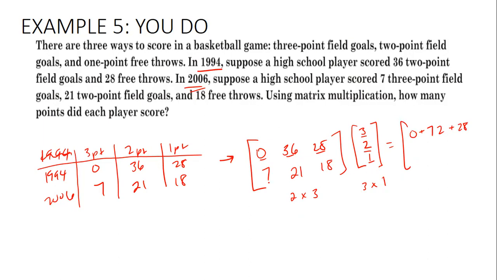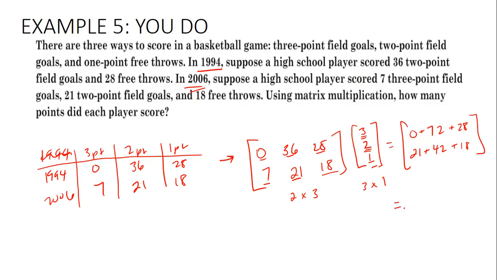So I'm done. Now I'm going to do the bottom. 7 times 3 is 21. 21 times 2 is 42. And then 18 times 1 is 18.